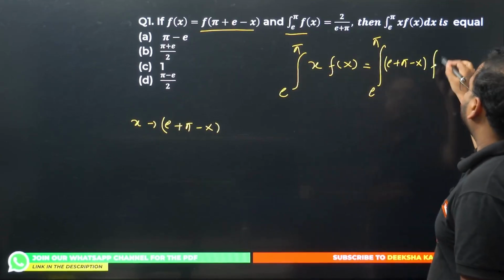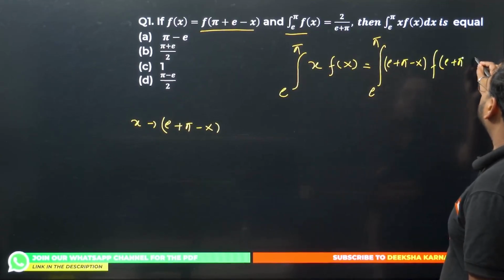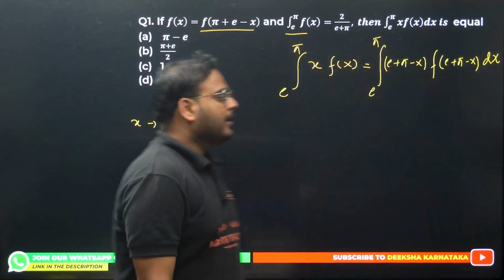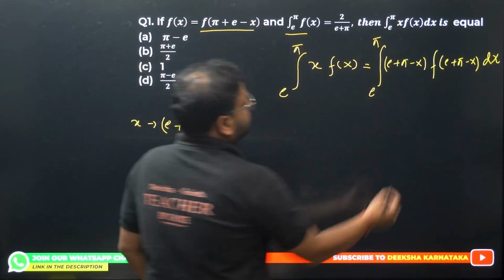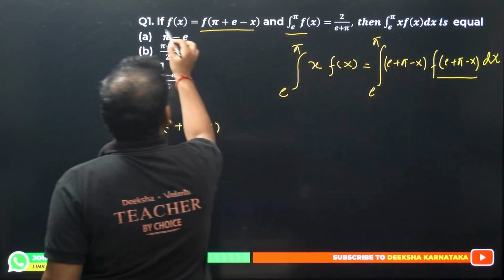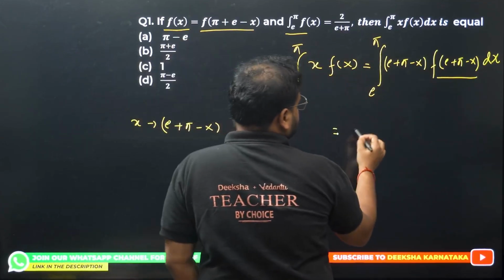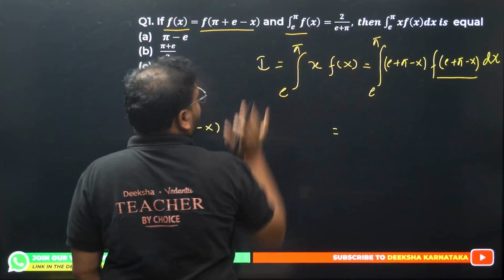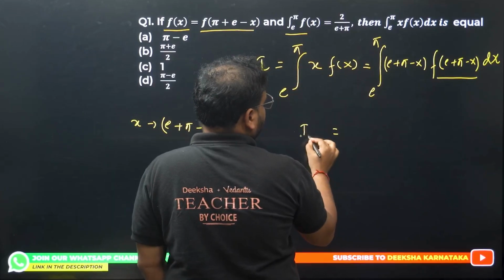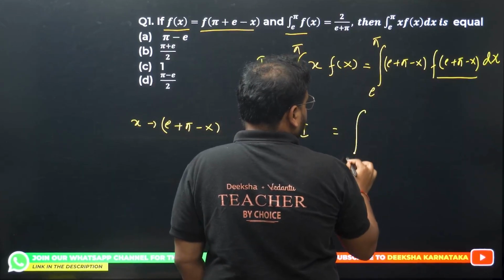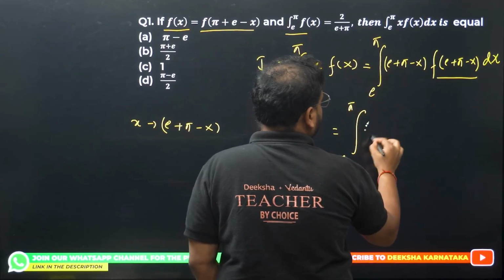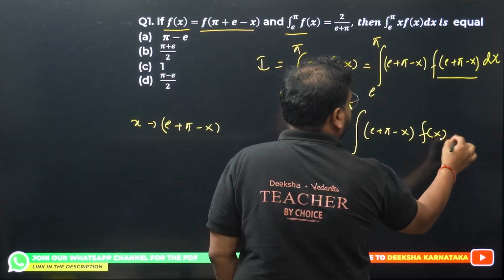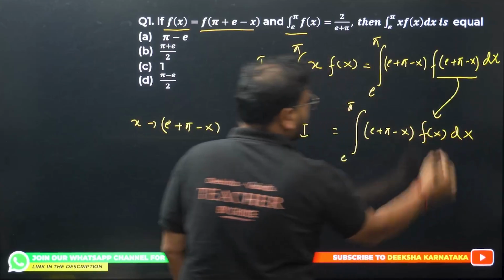Here also I'll have f of e plus π minus x, and of course we have dx over here. Check carefully. They have given this same as f of x. So if I call this integration I, then I equals the integral from e to π of (e plus π minus x) times f of x dx, because this is given equal to f of x.